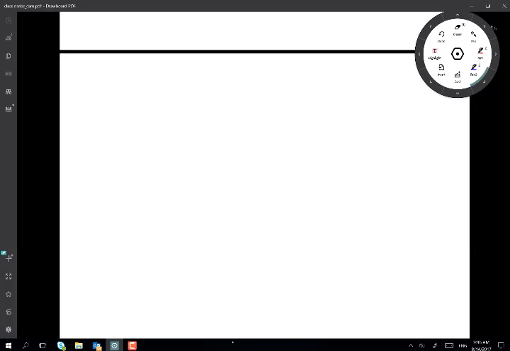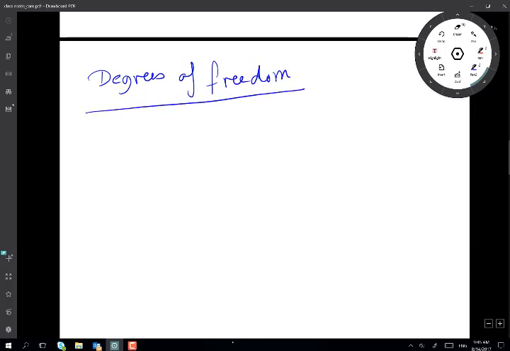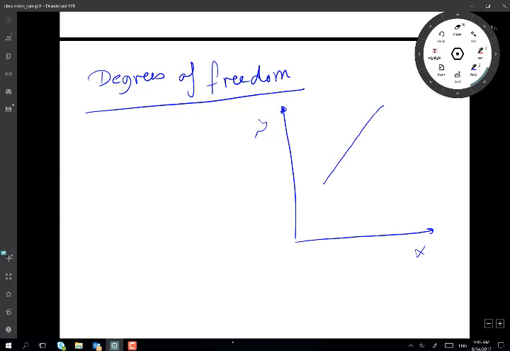So now let's look at the concept of degree of freedom and how it is calculated. Let's write here degrees of freedom. I'm just looking now in the plane, so I have an X and Y plane.